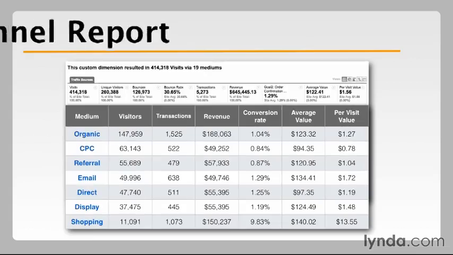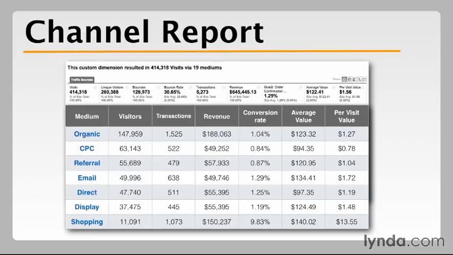I find it helpful, though, to develop a report so that I understand which of my channels is bringing the most amount of visitors per channel, and understanding which channel develops the most revenue. So from this report, I can see that my organic search visitors not only are the most amount for any channel, but they also bring the most amount of revenue.